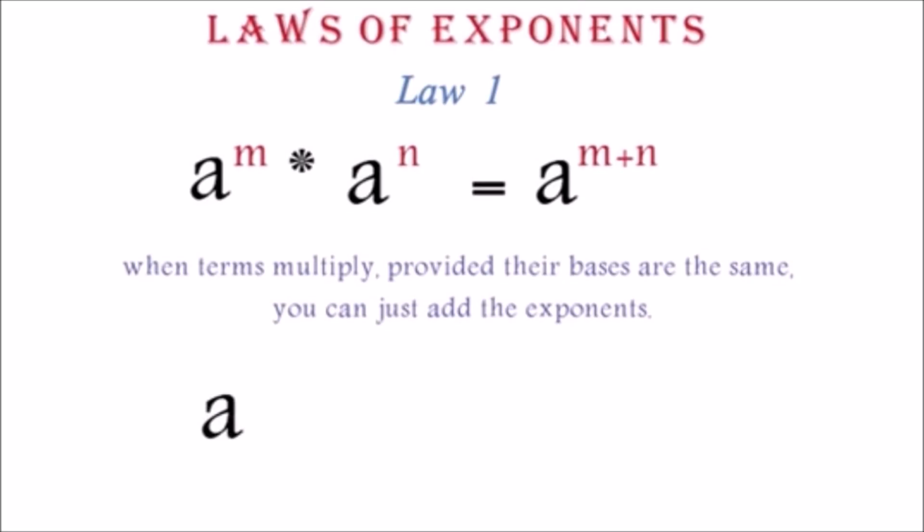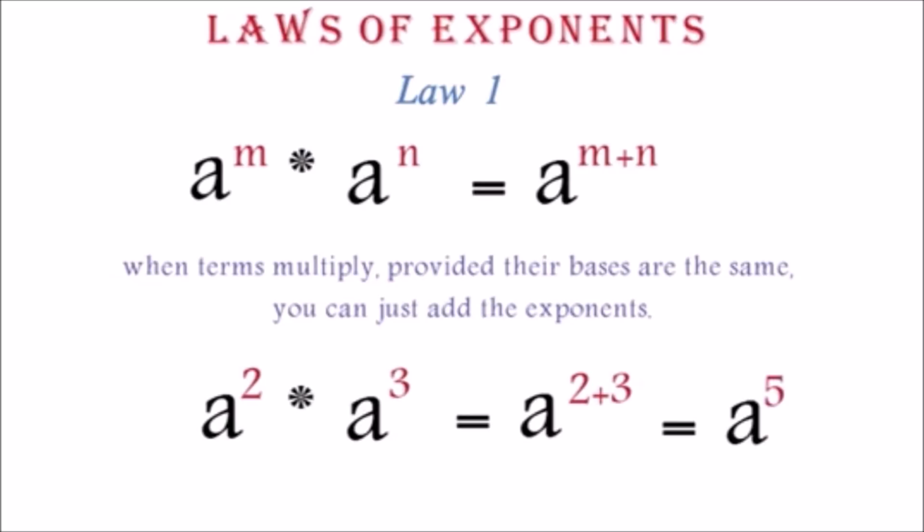Example, a squared times a cubed equals a exponent 2 plus 3, which is equal to a exponent 5. Since we have done multiplication already, this is familiar.